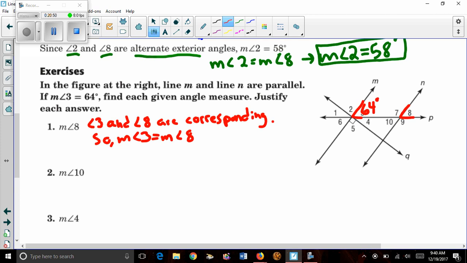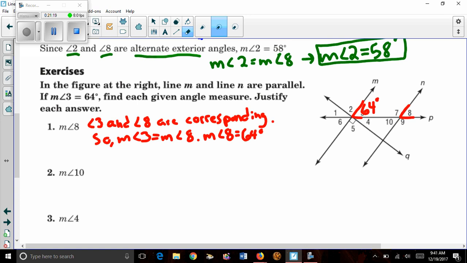Since the measure of angle 3 is 64, the measure of angle 8 also equals 64 degrees. It is very important to be able to verbalize that, so you are going to be asked to write this as part of your answer.